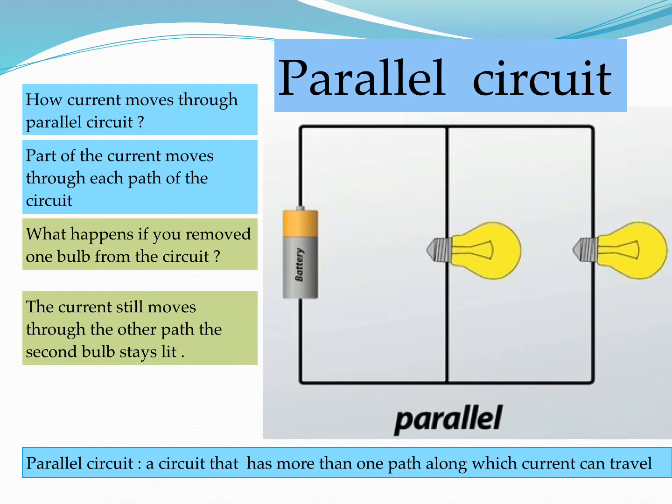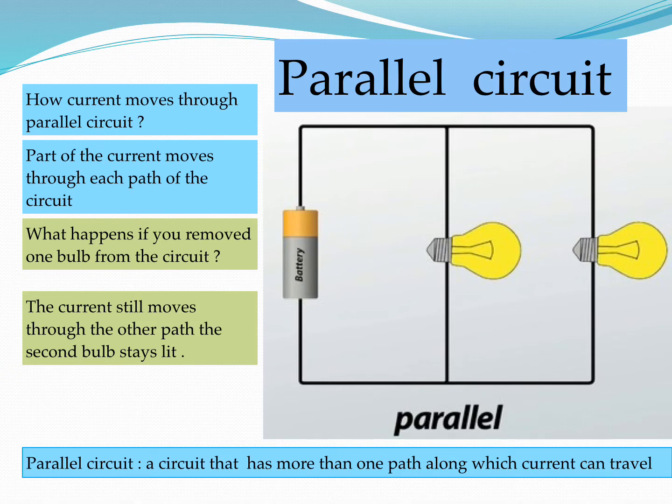Let's talk about the two types of circuit. The first one is the parallel circuit. A parallel circuit is a circuit that has more than one path along which current can travel. So the current has more than one path to flow through. Now, I want you to count them.